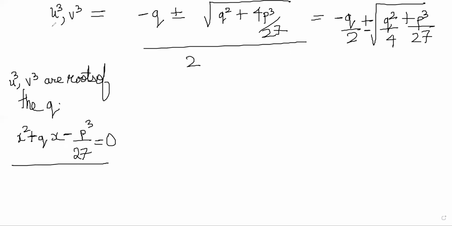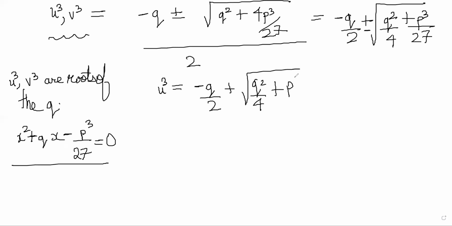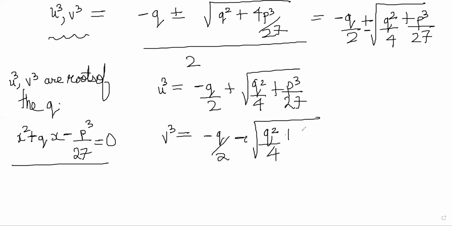So at this stage, Cardano knows what is u cube and what is v cube. So u cube will be the plus value here, let's say, and v cube will be the negative value, right? V cube will be this one, minus q by 2 minus root of q square by 4 plus p cube by 27, right?